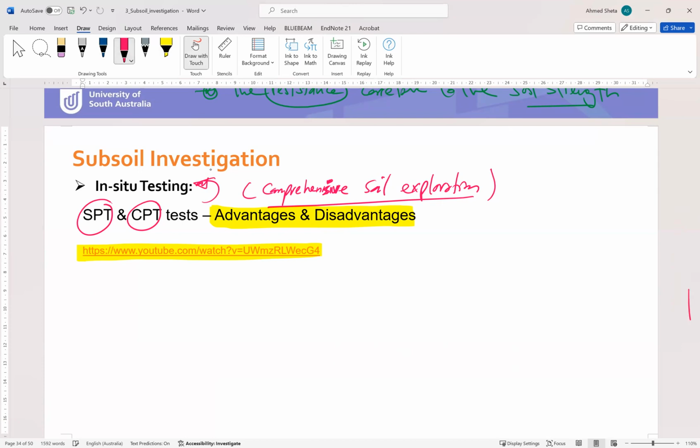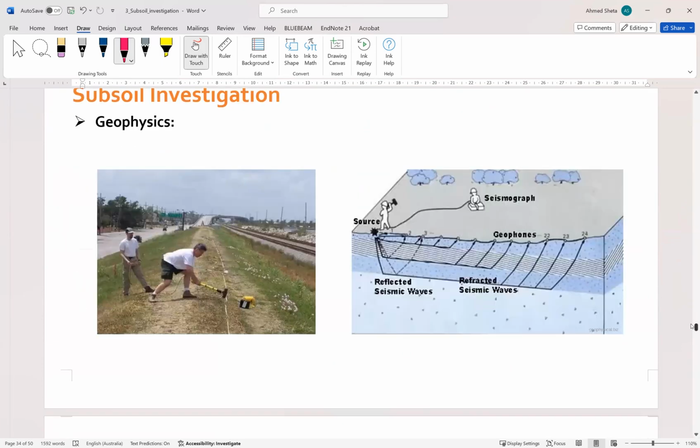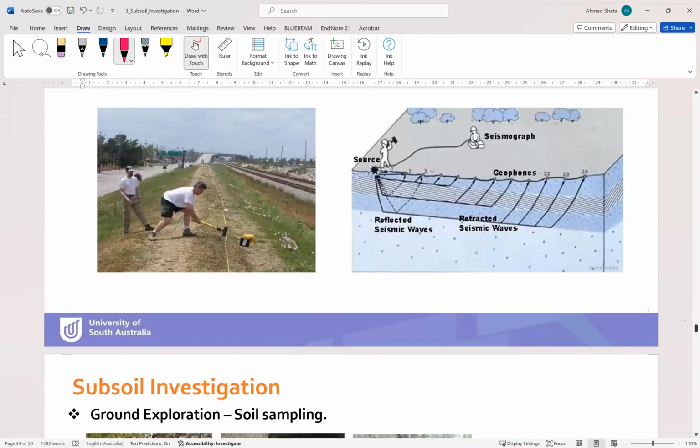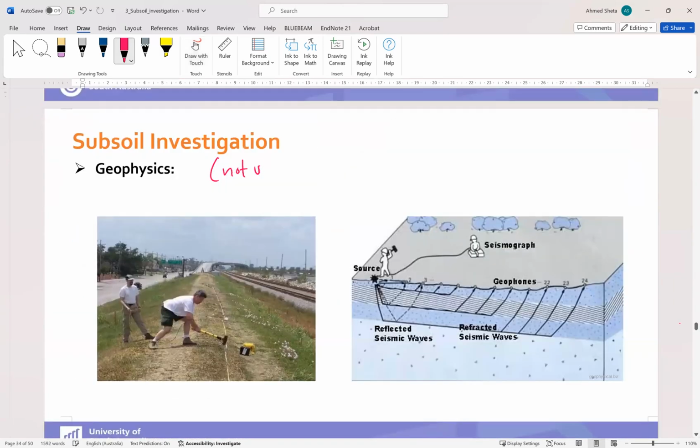Okay, so now the next is the final or the last one of the subsoil investigation techniques, which is not very common, which is called geophysics.